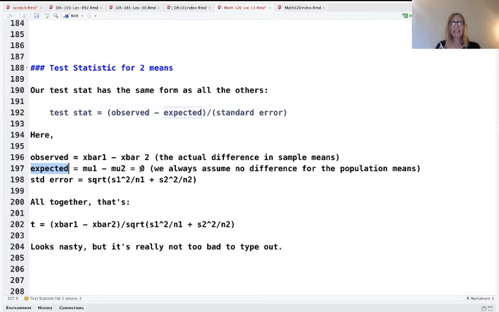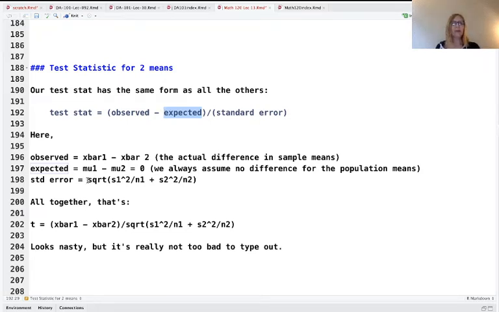And this one's kind of easy because for these tests, it's always 0. If we're doing a 2-mean test, we're always assuming by default that there's no difference. So we don't even really need to worry about the expected because it's just always 0.